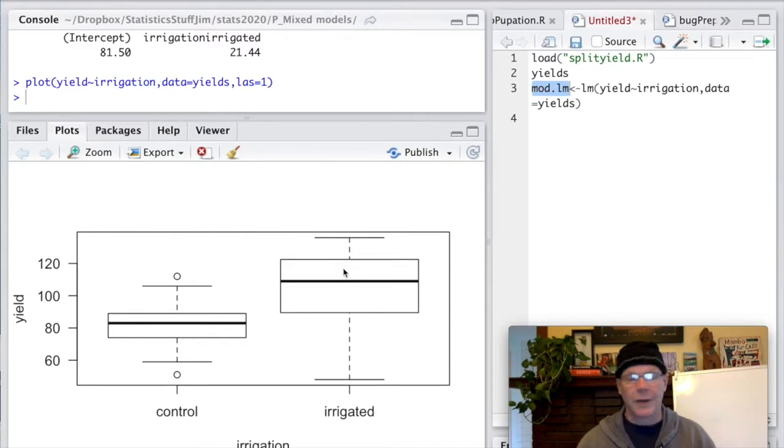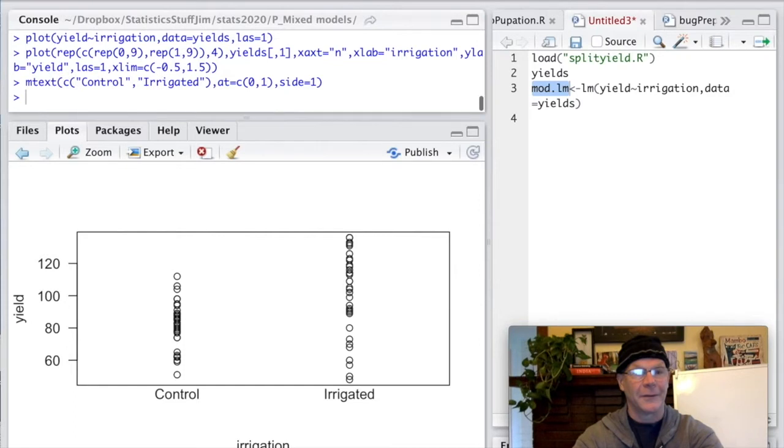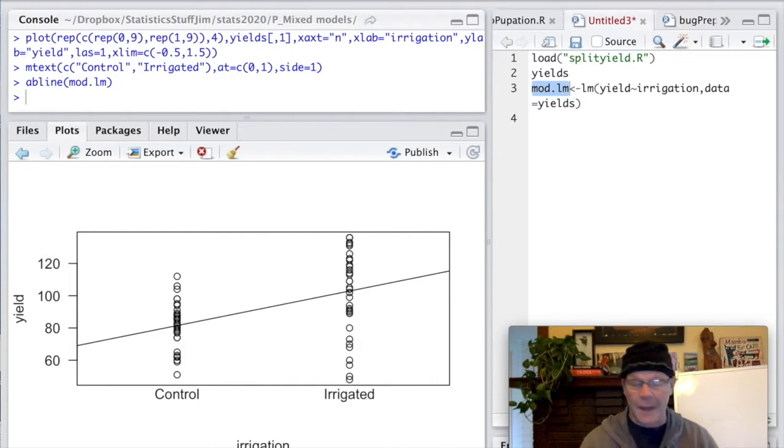As we've talked about a number of times, behind the scenes the computer is using dummy coding, where control is 0, because alphabetically it comes before irrigated, which starts with the letter I, in case that was unclear. If we put the line to the data, that's essentially what we have modeled.